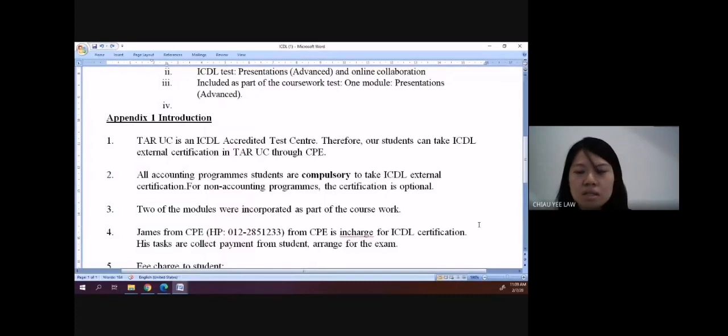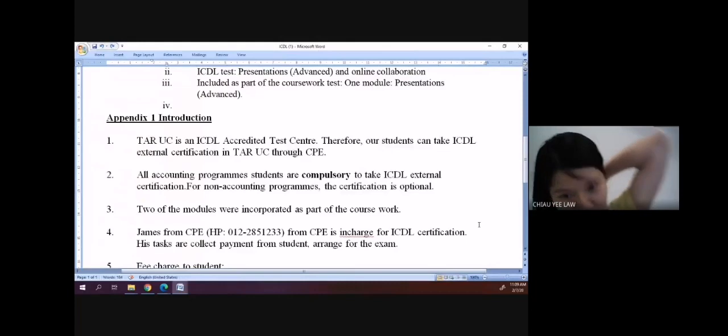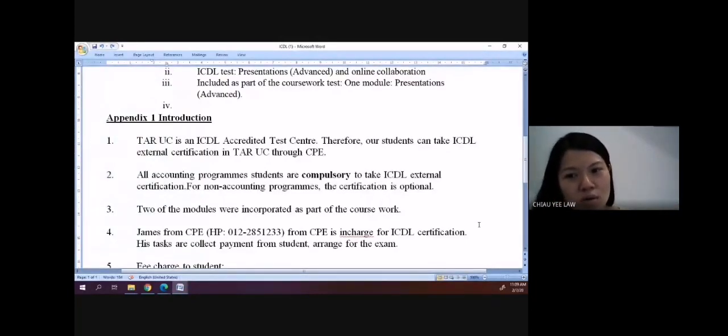Yes, the passing mark is the same, still remains. Of course you don't get the cert. You need to pass all 4 to get the cert. You can get a result but not the cert. Actually, this one is a more intensive program for IT.